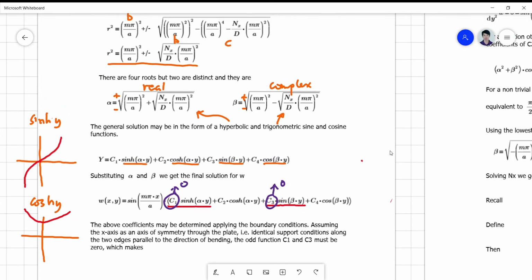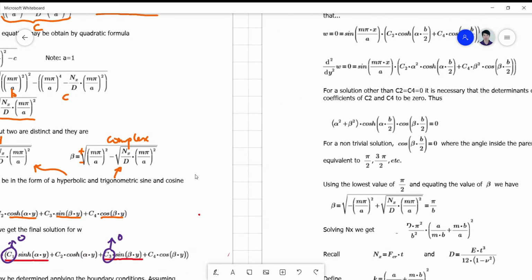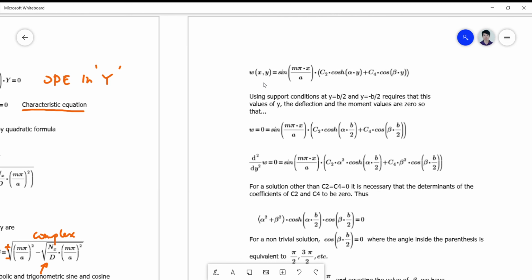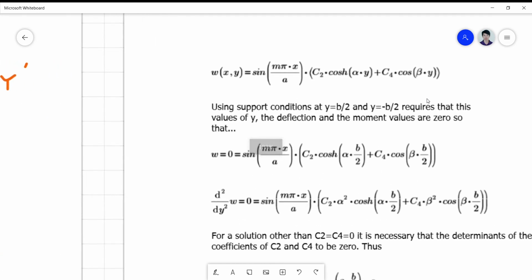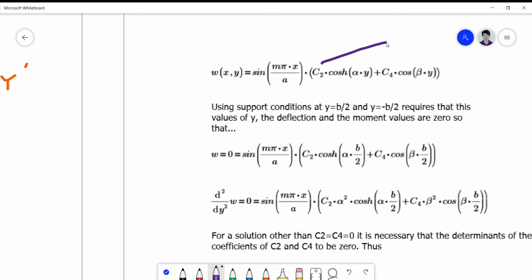So to make the total solution or final solution non-trivial, we must force that C2 and C4 must not be equivalent to 0. Okay?